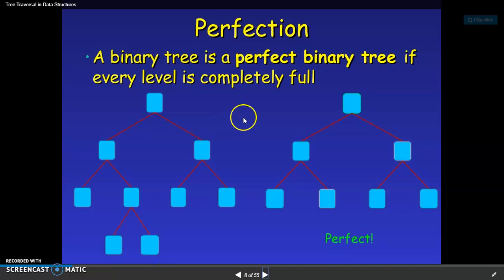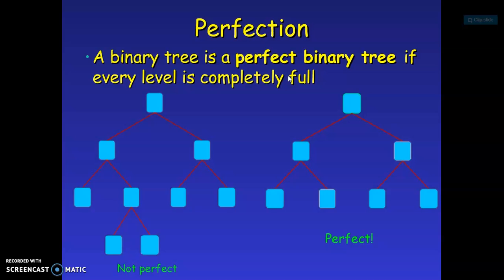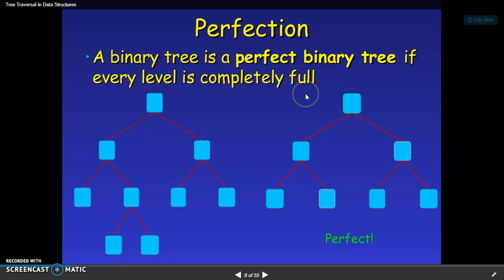Next, the perfect binary tree. Say, for example, you want to say a particular binary tree is a perfect binary tree. Every level is completely full. These are the perfect binary trees.